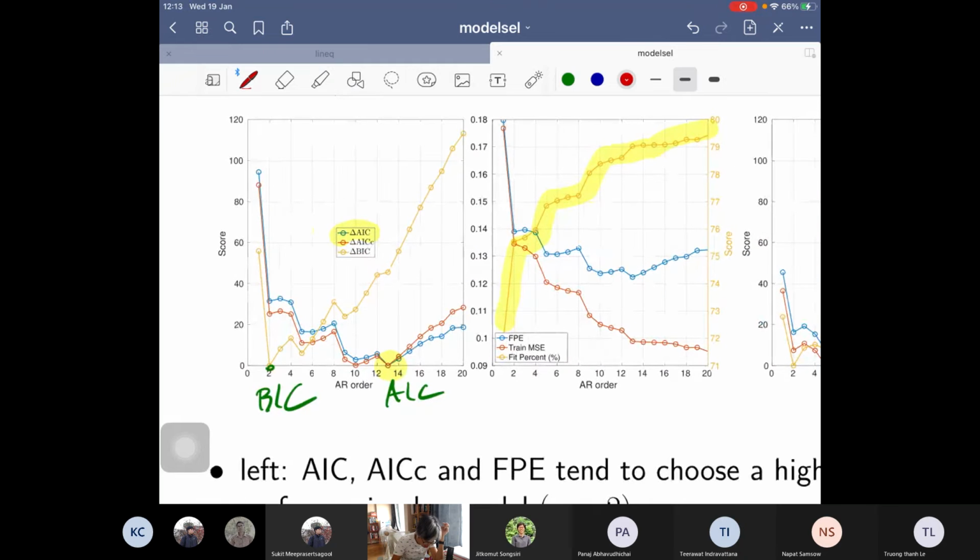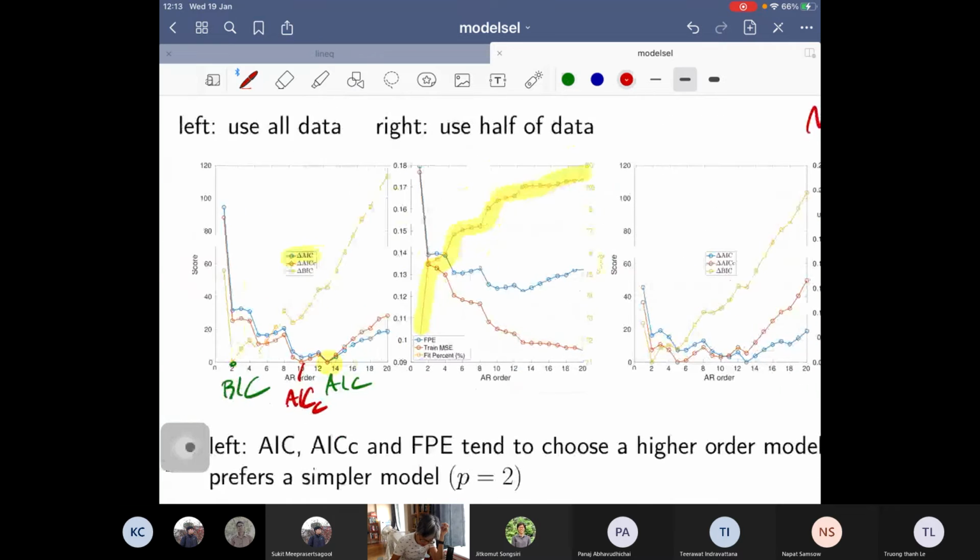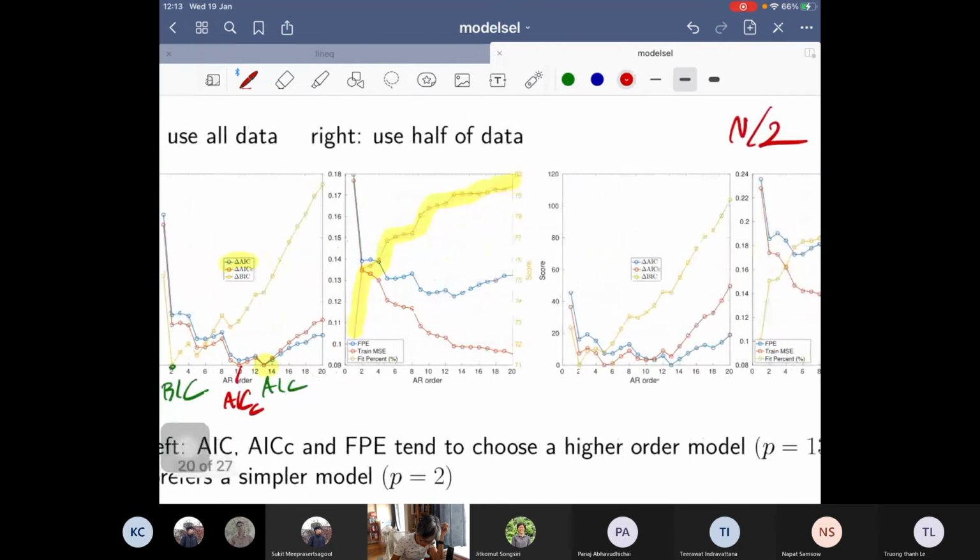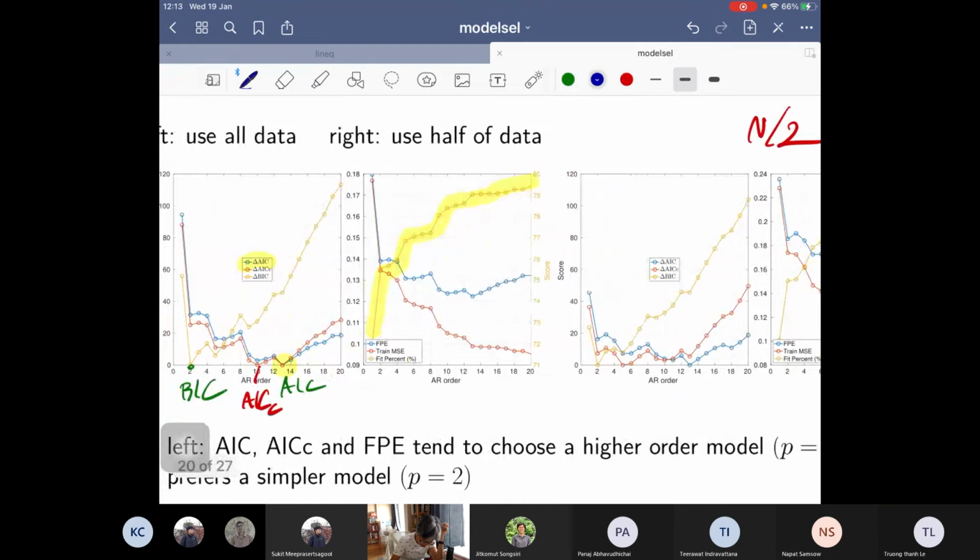Now let me go back again. This is AICc. On the right hand side, if you take a look, BIC also picks second order. Now AICc, and AIC.